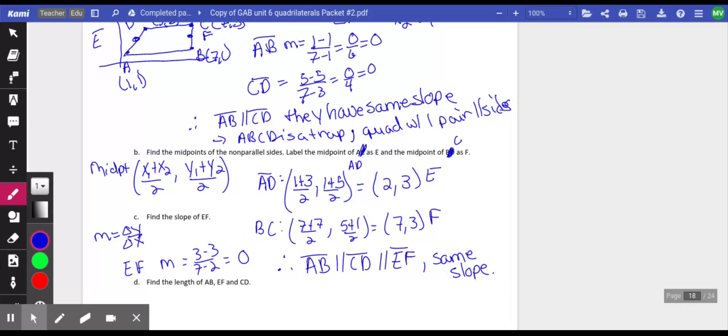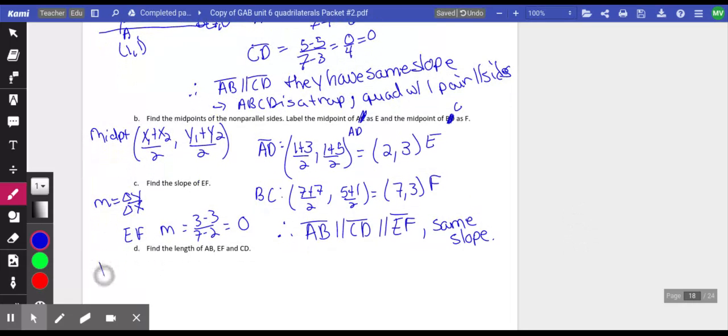So now I want to find the length of AB, EF, and CD. So again, here you're going to use the distance formula, which is x2 minus x1 squared, quantity, plus quantity y2 minus y1 squared. So I want you to pause and find AB, EF, and CD.